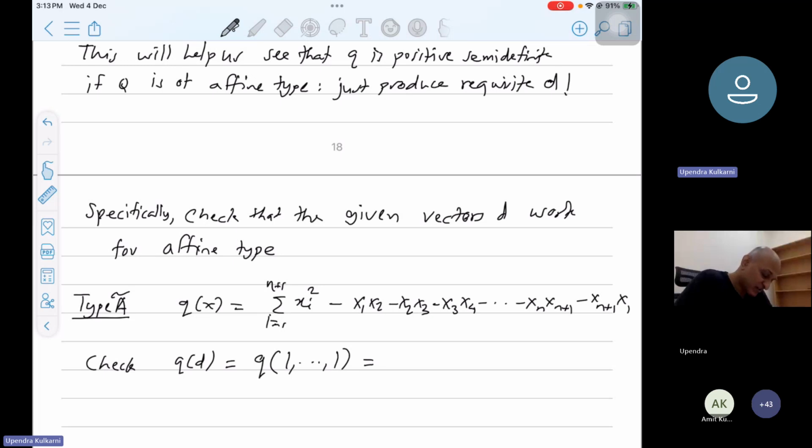Okay. And so this is very easy. I'm going to have 1 squared, I'm going to have n over here, and each one of these is going to give me n. So this is just 0.